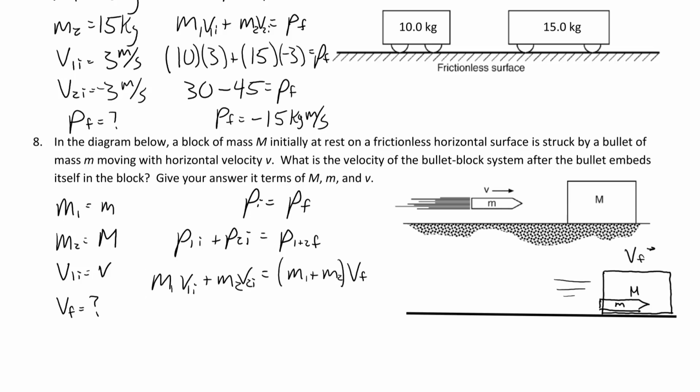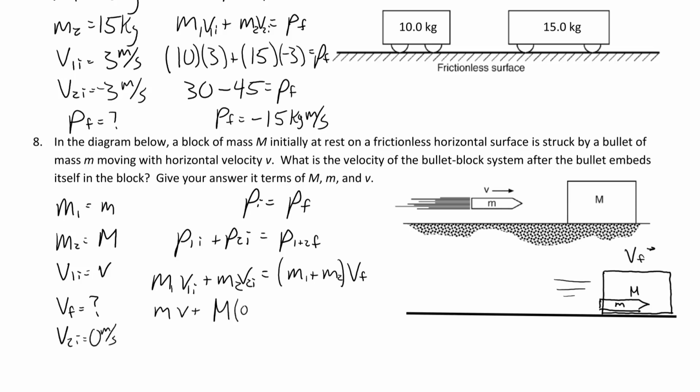And now we're off to the races. It's the same thing, but you're just plugging in letters instead of numbers. M1 is the lowercase m, V1i is just a lowercase v, plus M2, which we called a capital M, times V2i, which is 0 meters per second.